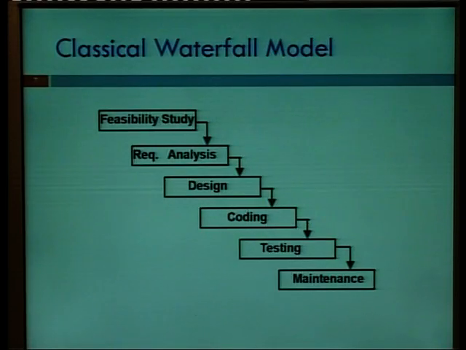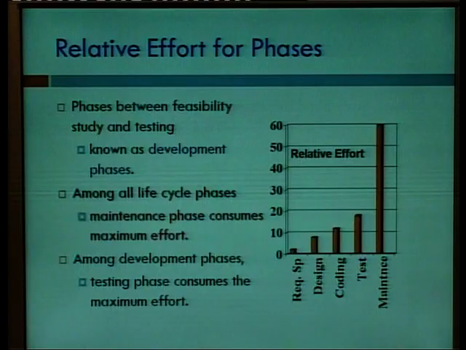Accordingly, we can say in the classical waterfall model, the requirement analysis step is preceded by the feasibility study, because all these models follow a sequence. For that reason, this model is known as the classical waterfall model.